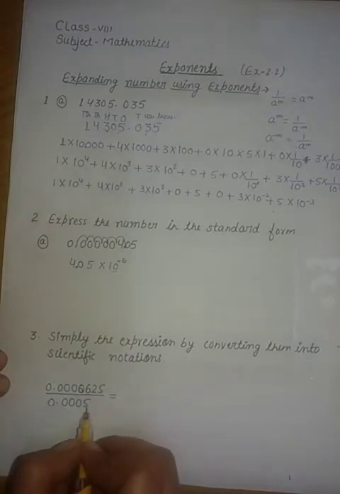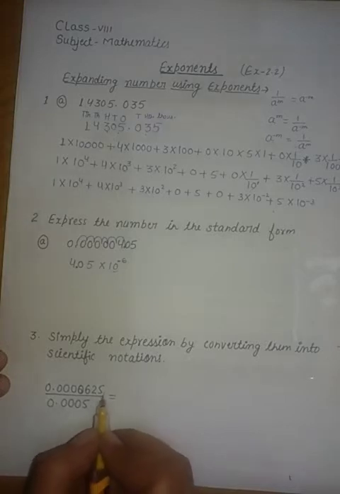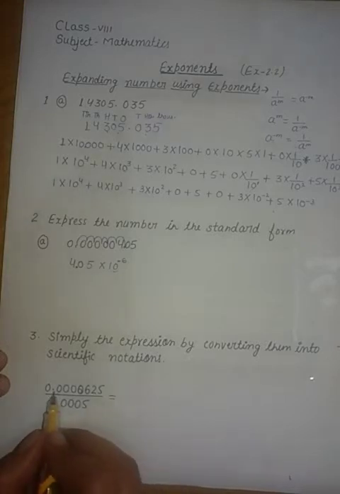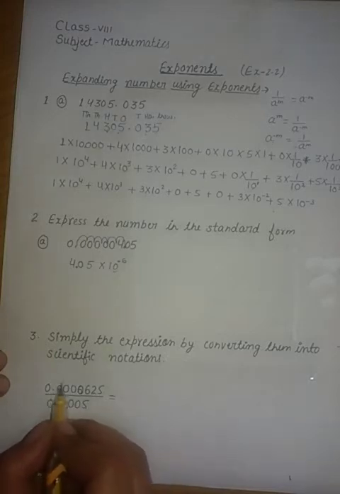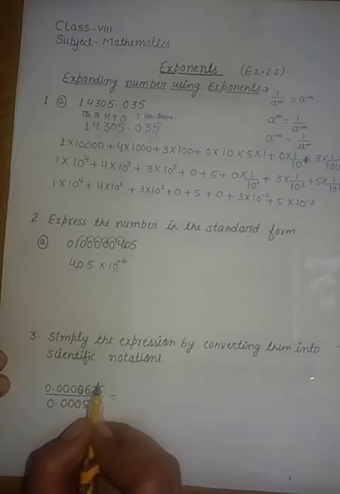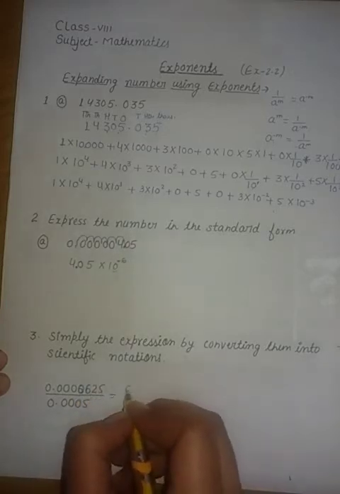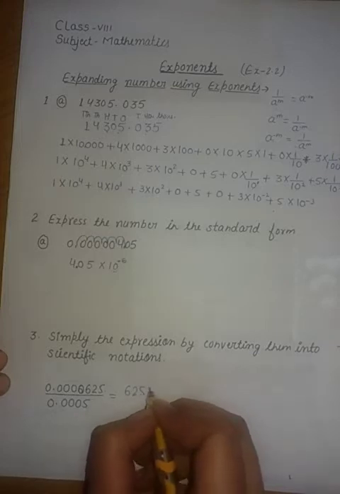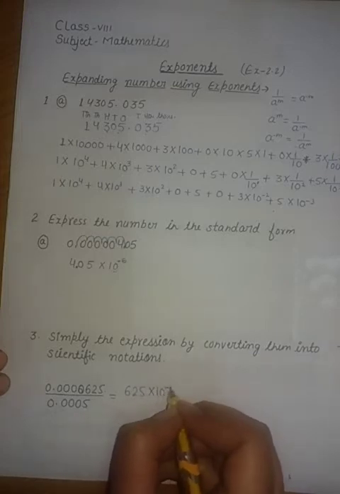So I am moving my point to the right side. How many digits? 1, 2, 3, 4, 5, 6, 7. So I can write 625 multiplied by 10 to the power minus 7.